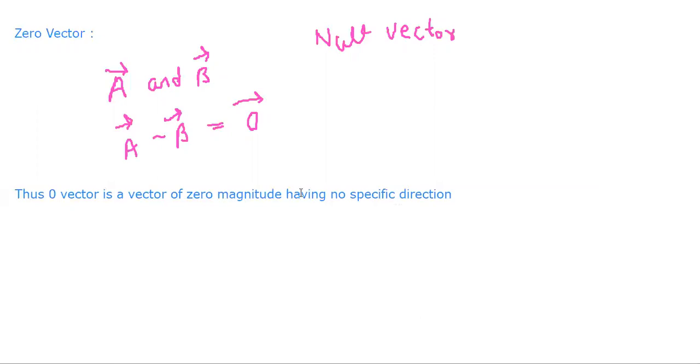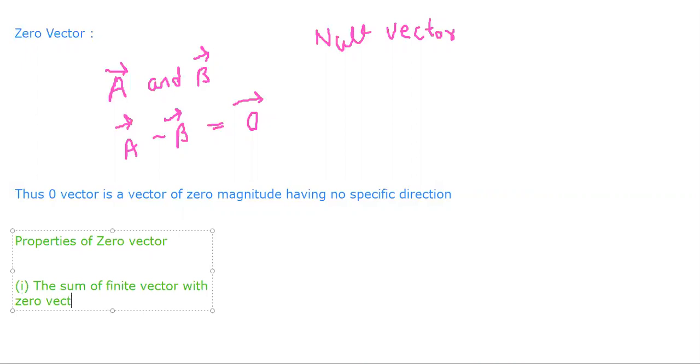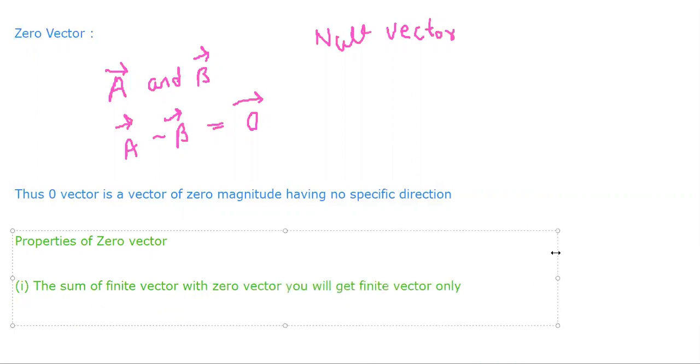The next topic would be properties of 0 vector. First property: if you add a finite vector with 0 vector, finite means a vector quantity which has a value, you will get a finite vector only.